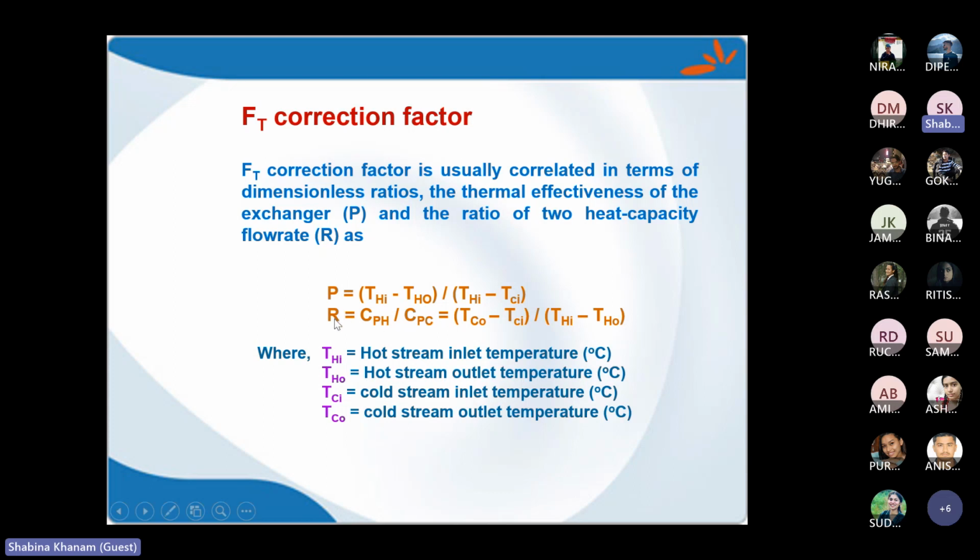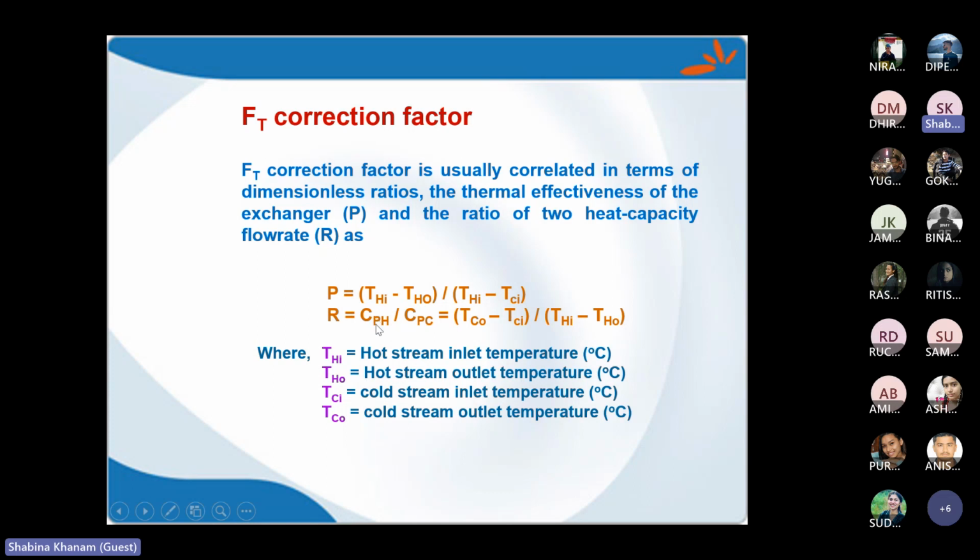Further, if I consider this capital R, that is heat capacity flow rate, so this is CPH minus CPC. This is not a specific heat, this is heat capacity flow rate, meaning this is MCP.